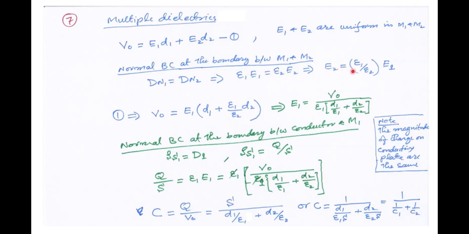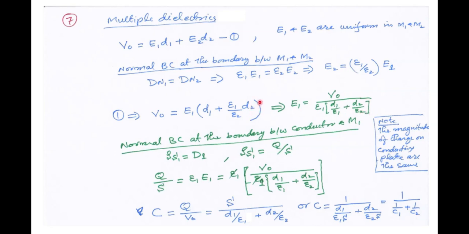Rearranging this relation, we obtain that the normal component of the E field is discontinuous by the ratio of the permittivity of material 1 to the permittivity of material 2. Using this value of the electric field in material 2 in equation number 1, we come across this expression, that is E1 equal to V naught divided by epsilon 1 times [d1 divided by epsilon 1 plus d2 divided by epsilon 2] in square brackets.